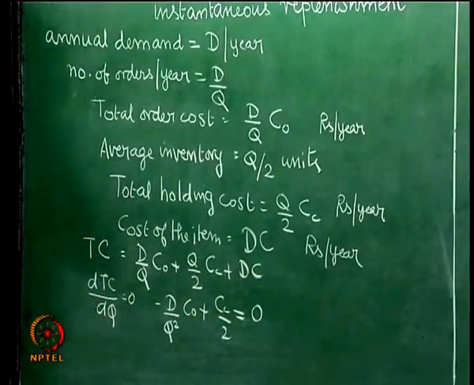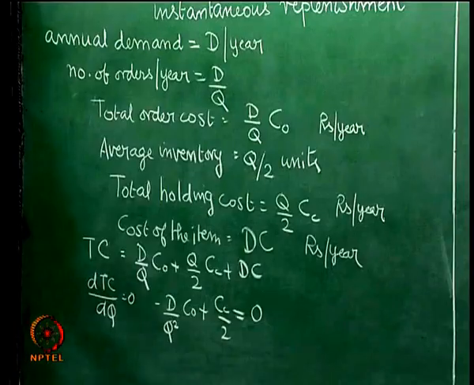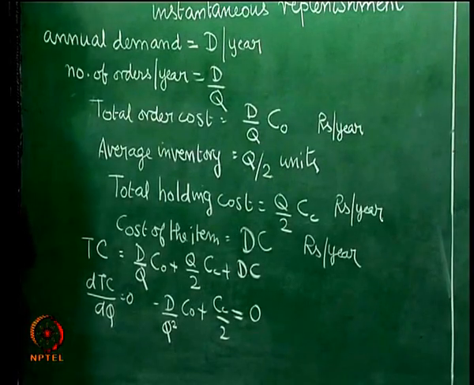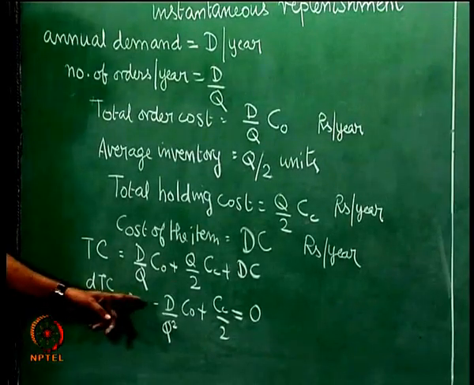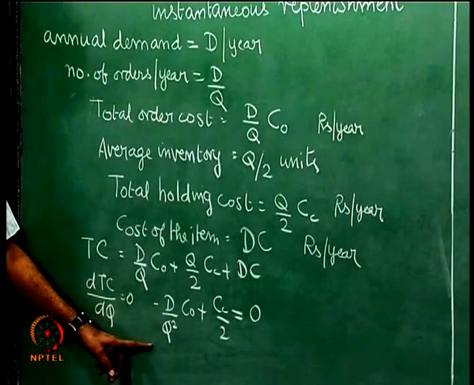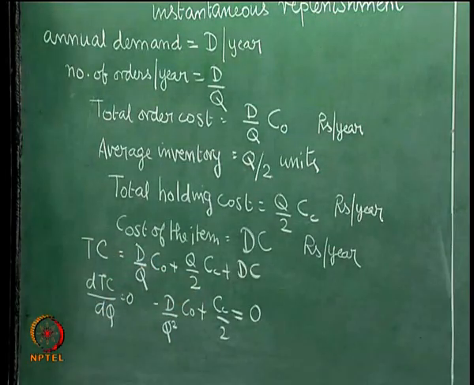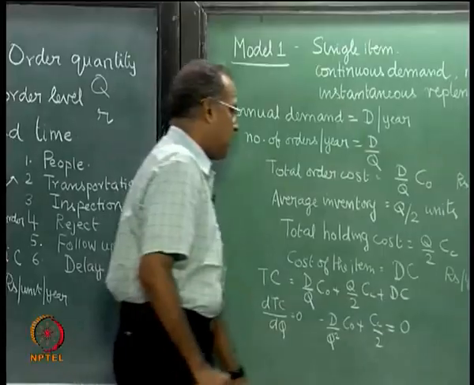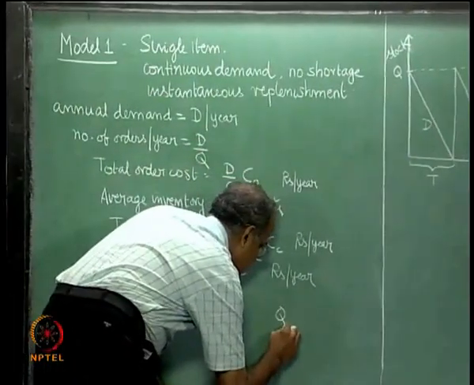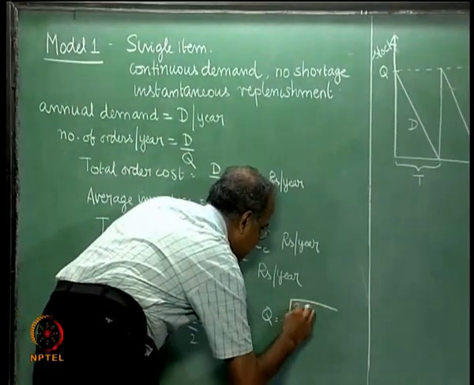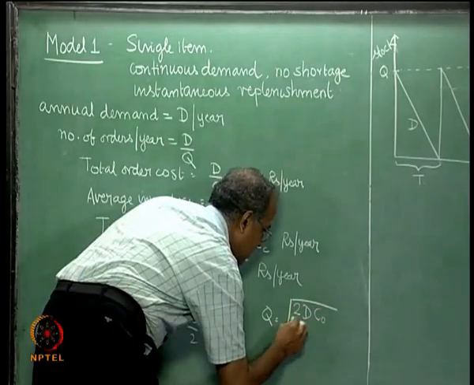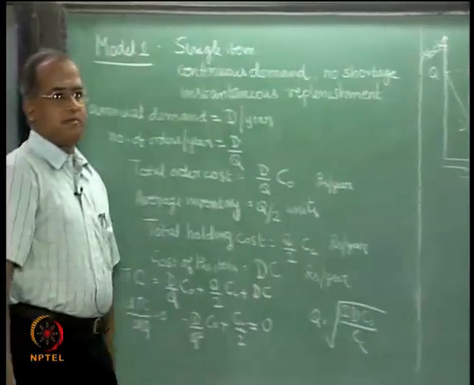It does not contain q, therefore its derivative will be 0. So the first derivative equal to 0 gives minus d by q square C naught plus Cc by 2 equal to 0, which on simplification gives us q equal to root of 2 d C naught by Cc.